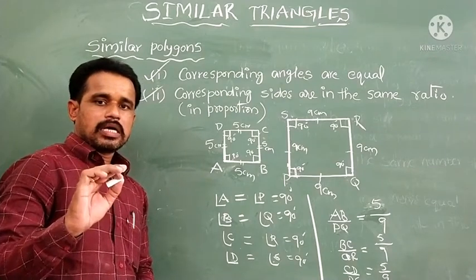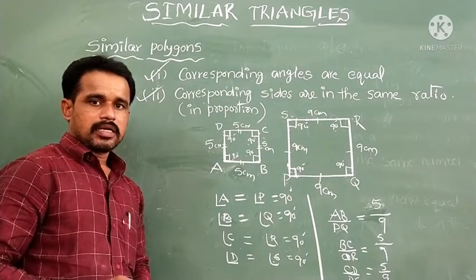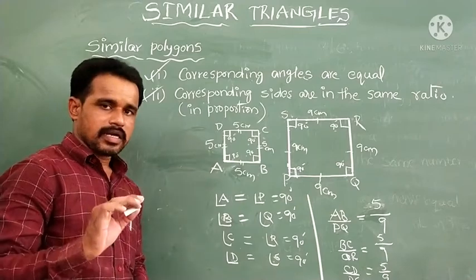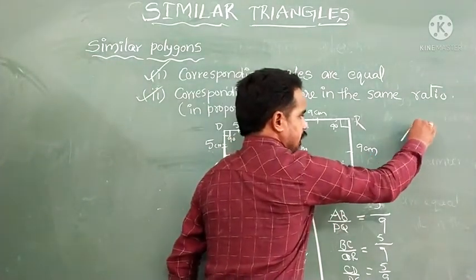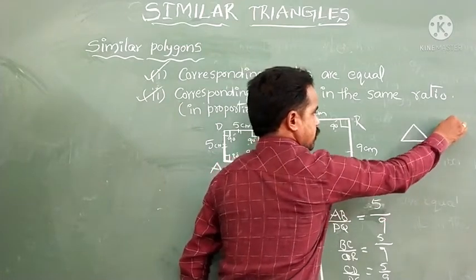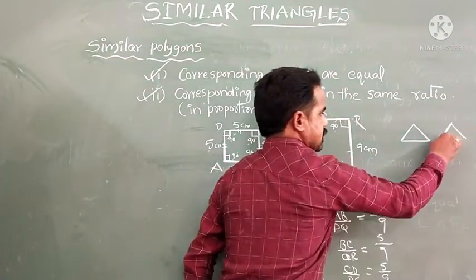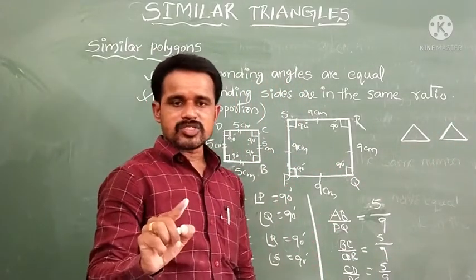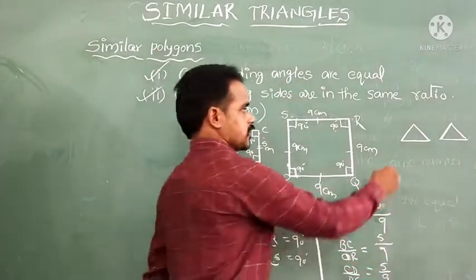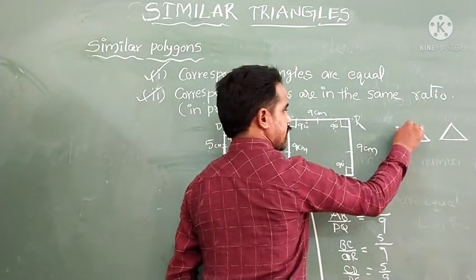What is the relation between two equilateral triangles? See this example. I am taking two equilateral triangles. Equilateral triangle means all sides are equal. Right? This is 2 centimeters, say.